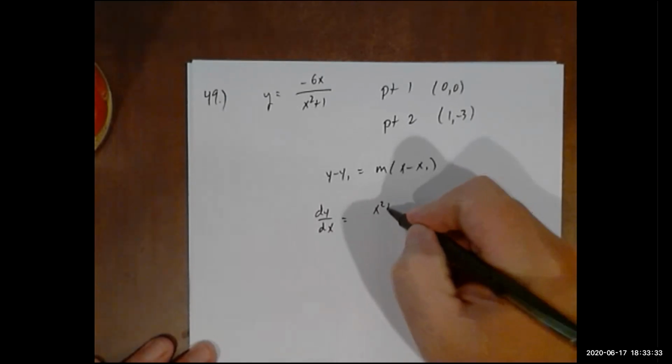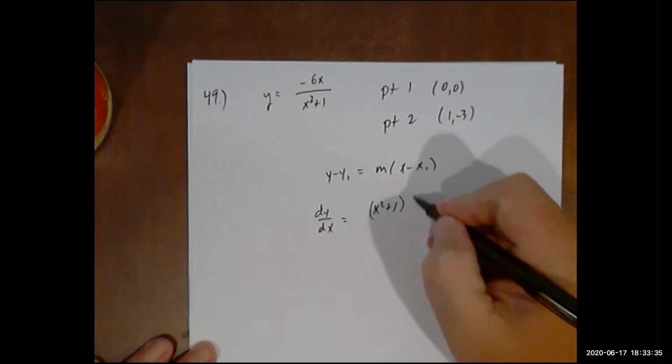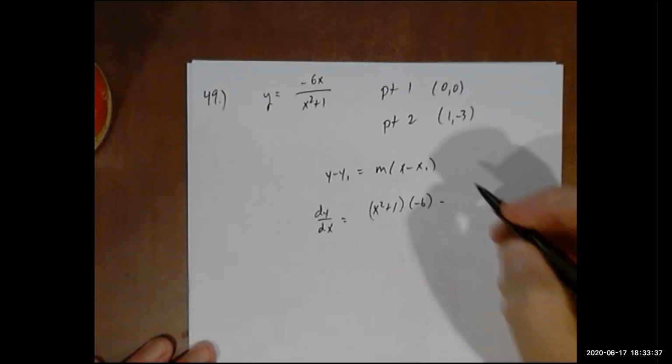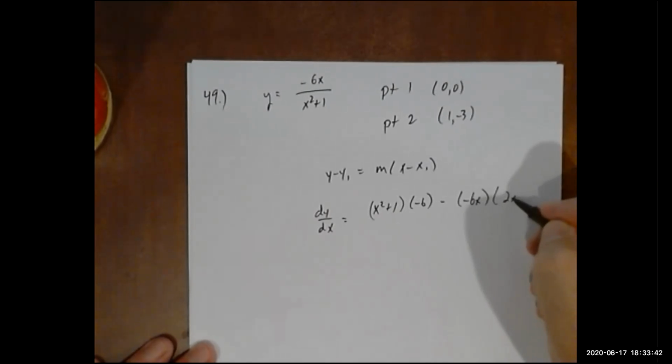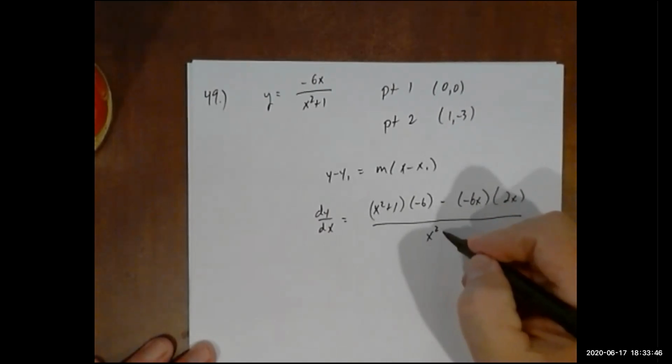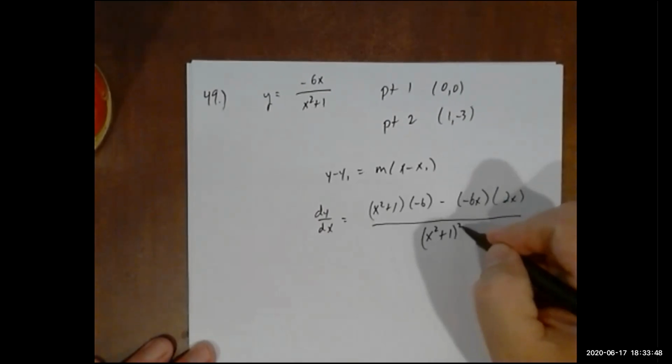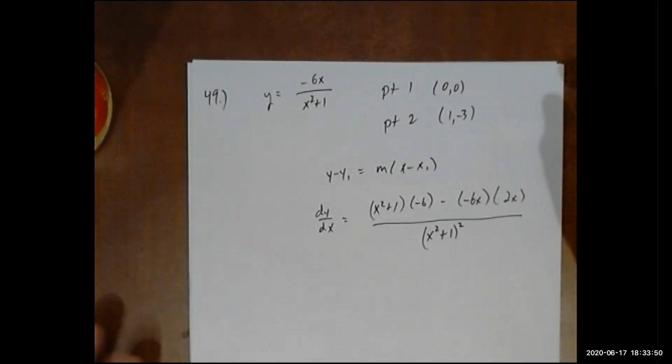So low d high minus high d low over the low squared.